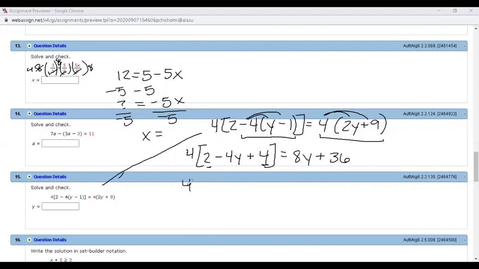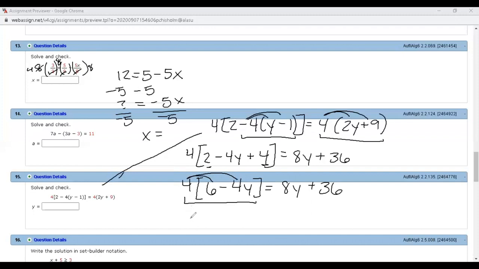So we're going to bring that 4 on down. 2 plus 4 is 6. So we have 6 minus 4y. And we can copy the rest of this down. Now we have to distribute this 4 to the 6 and to the -4y. Okay?